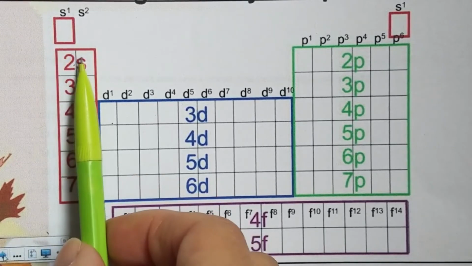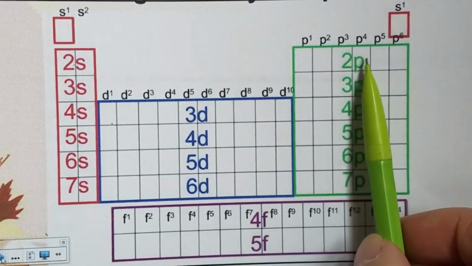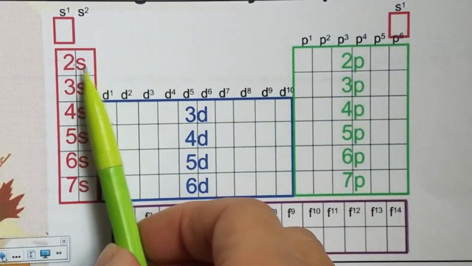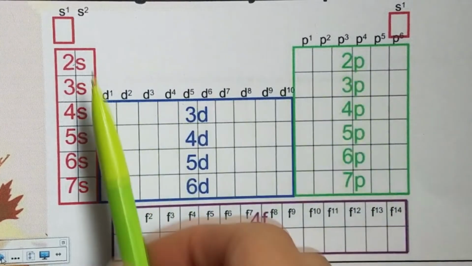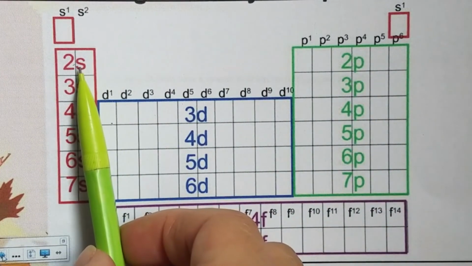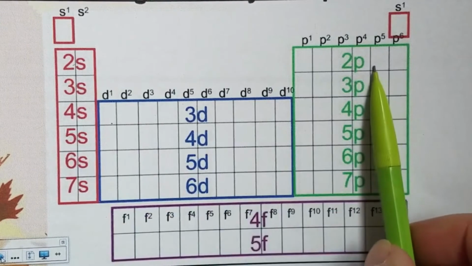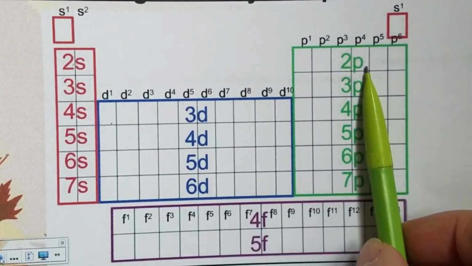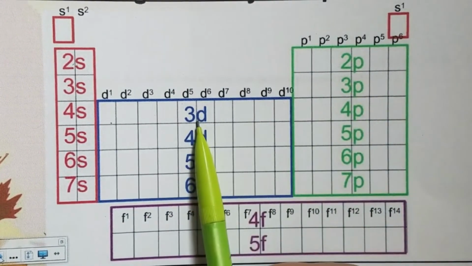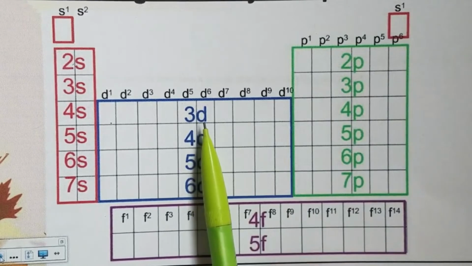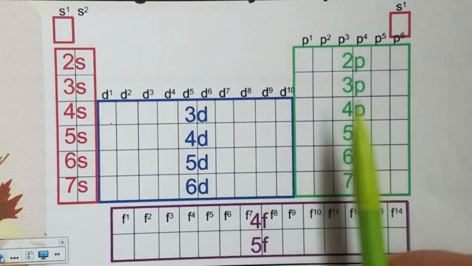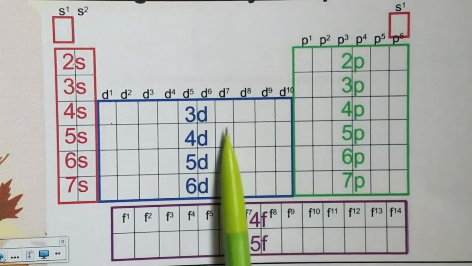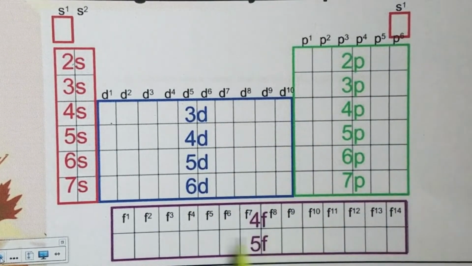For s, l equals 0, I'm sorry. For p, l equals 1, and for d, l equals 2, that's the d block. l equals 3, that's the f block.